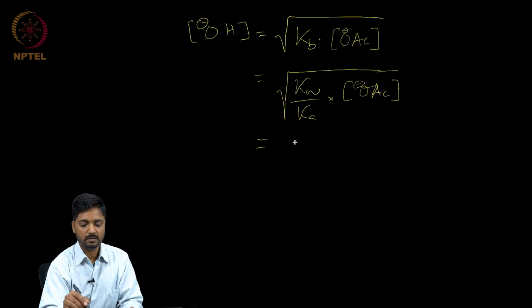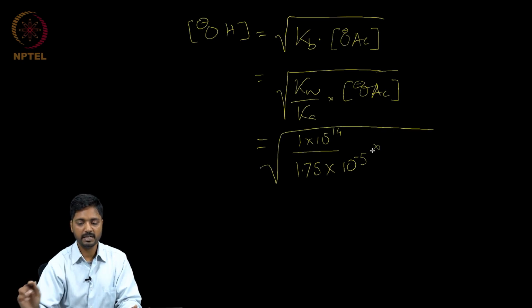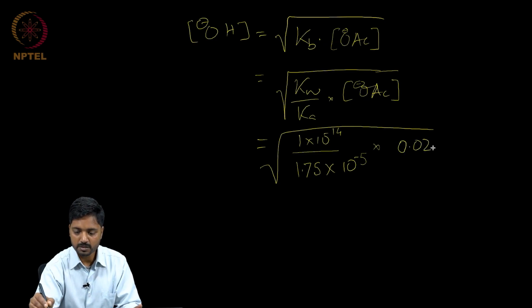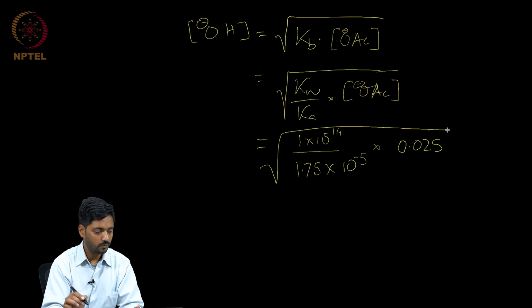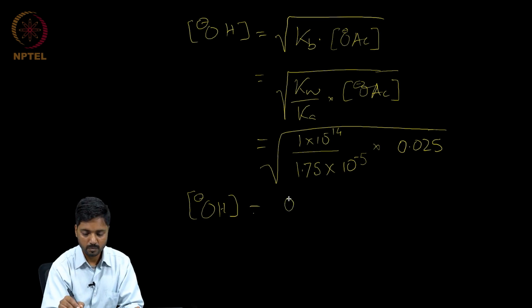The Kw value is 10 to the power of minus 14, the Ka value we know for acetic acid is 1.75 into 10 to the power of minus 5, and the acetate anion concentration that we calculated here was 0.025 molar. Now, when we resolve this, what we get is that the hydroxyl ion concentration turns out to be 0.378 into 10 to the power of minus 5.